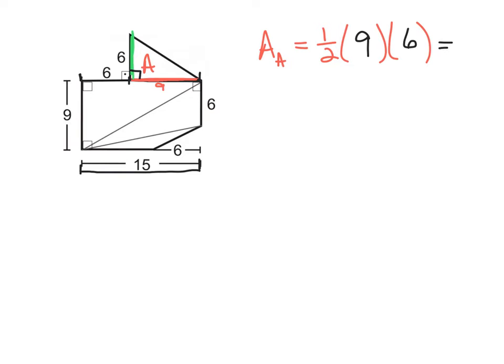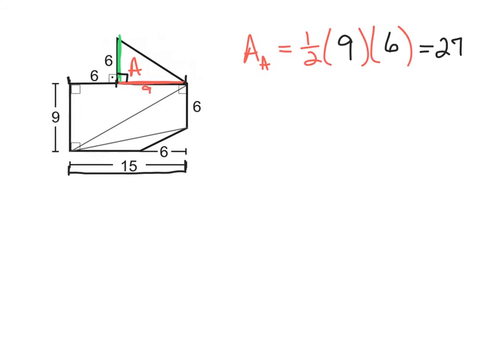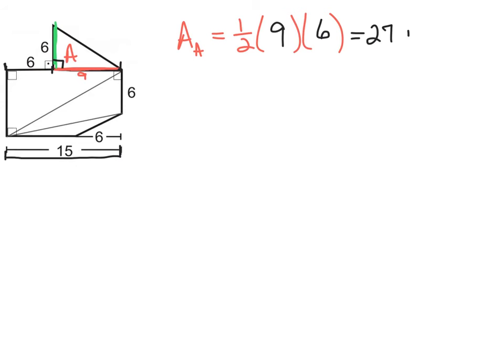Then I do 1/2, 9 times 6, and I get 27 units squared. Now, in area, we square our units because we have 9 units times 6 units, but we do not square the number. So you're only squaring the units, not the number.